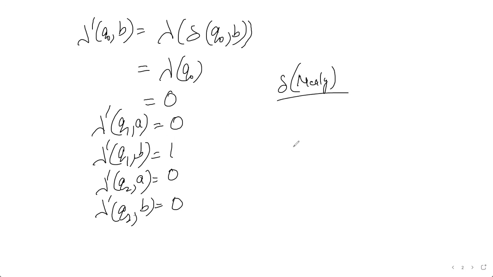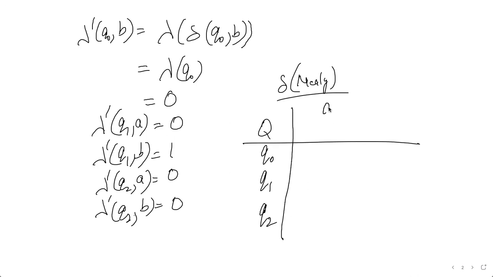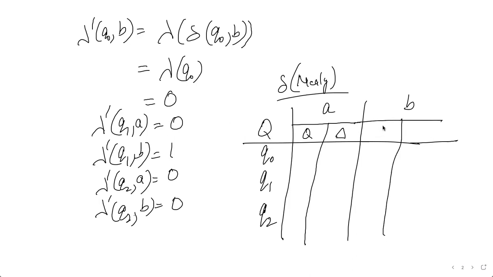You've got Q naught, Q1, Q2, and there you add the input A and the input B. What is the next state and what is the output? Similarly, here also, what is the next state and what is the output?